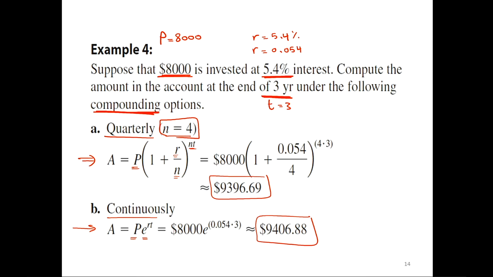We have 3 formulas, whether we need the simple interest or the compounded interest, with n times or continuously. Any question about this example? This is just putting in the values of B, R, T, and n to find the amount in your account.